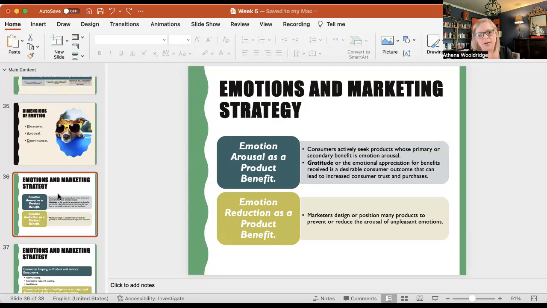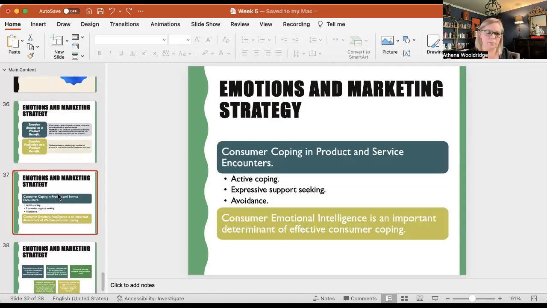And then, of course, emotion reduction as a product benefit. We want to reduce certain negative things in our life, right? If you look at commercials for Charmin, they're reducing something negative in someone's life. You are going to walk away clean and happy and all of these sorts of things if you use our products versus perhaps another brand of toilet paper.